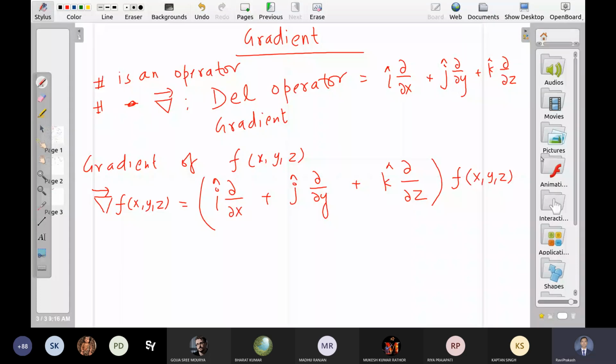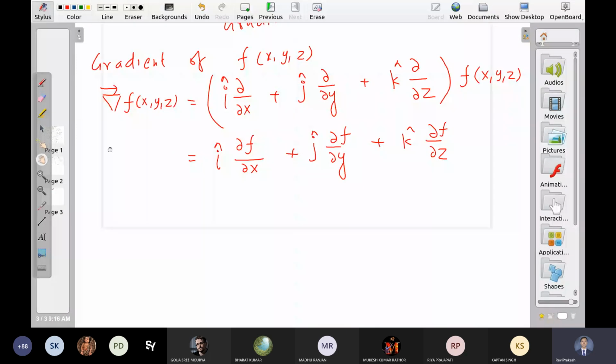And this becomes equal to... so what you get, you operated this gradient operator on a scalar function, and what do you get in output? A vector quantity, right?